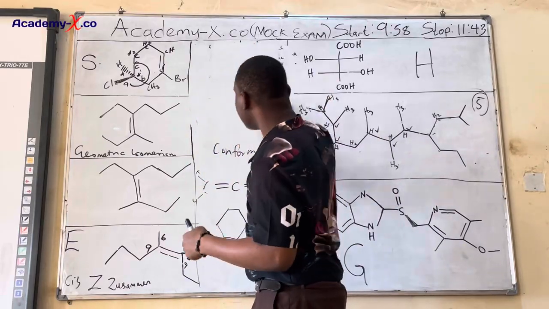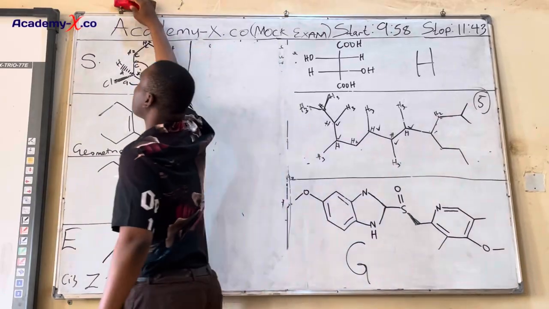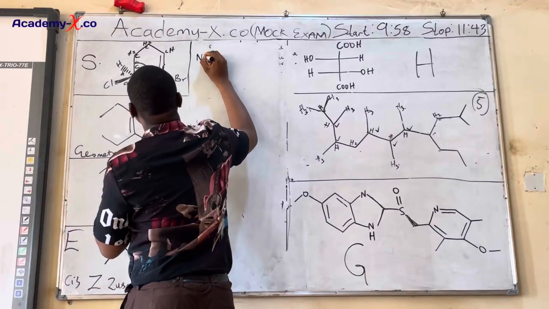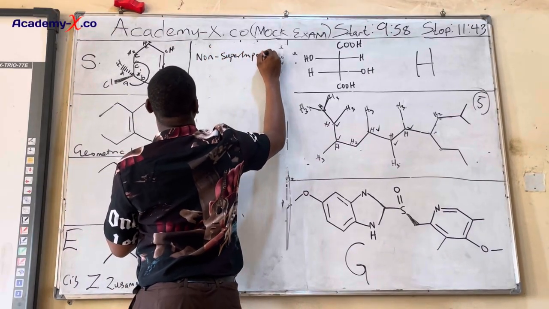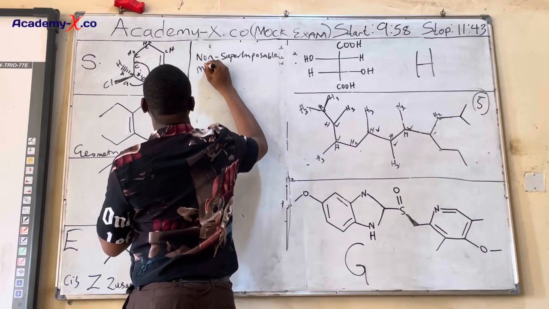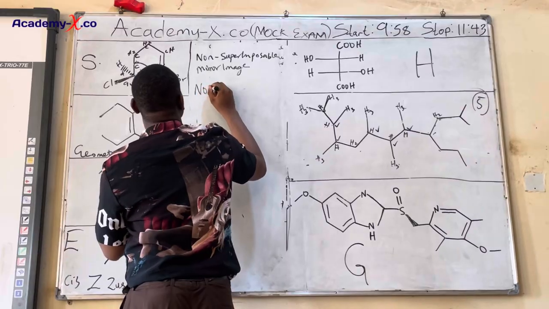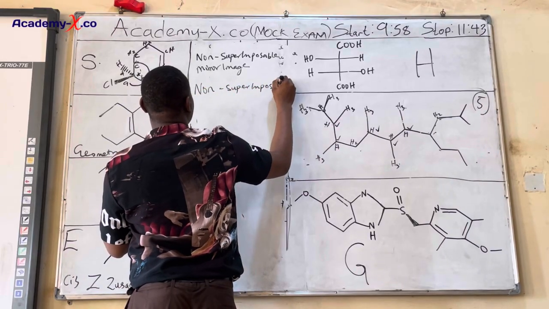But if you want to shorten it in such a way that it will be mature, you say that enantiomers are non-superimposable mirror images, while diastereomers are non-superimposable what?